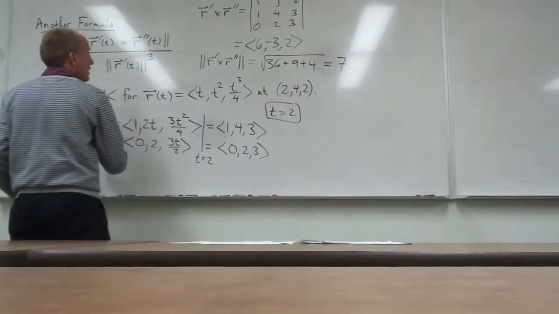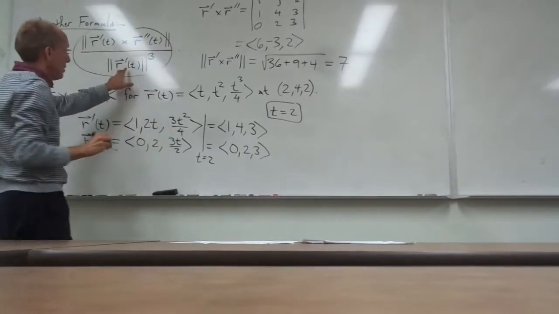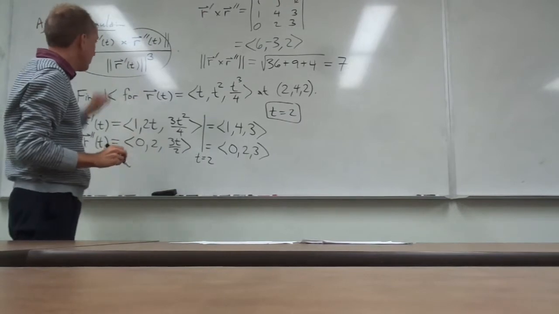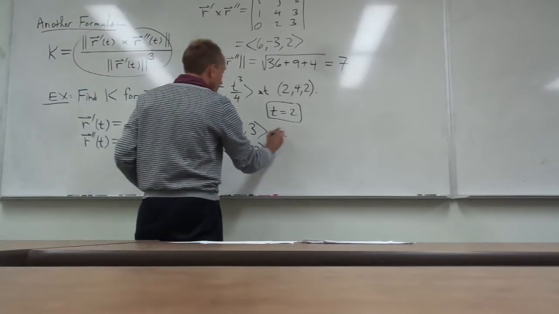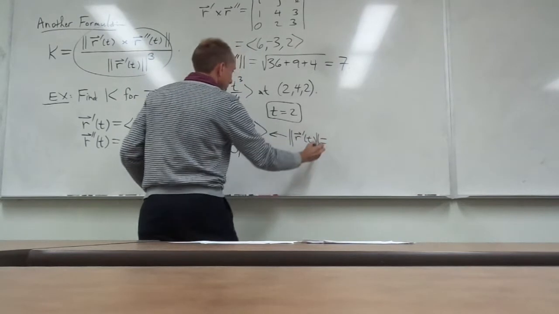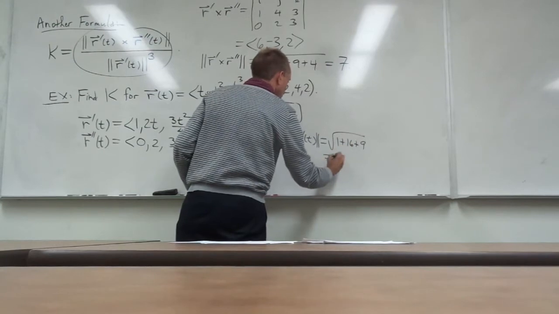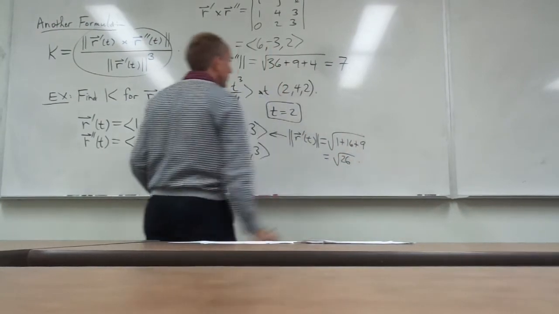And I have to divide that by, in this formula right here, I have to divide that by the norm of r prime of t cubed. Well, the norm of this is the square root of 1 plus 16 plus 9, which is the square root of 26.